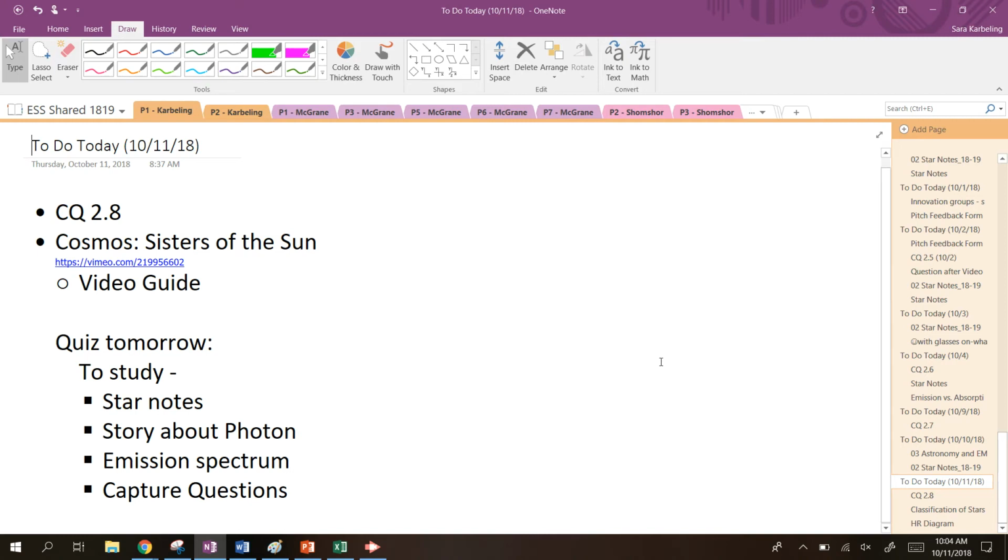The emission spectrum stuff. So on that EM spectrum sheet, the one that we finished up yesterday, this will not be on the quiz. That'll be on the next test, but not on the quiz. This side you do need to know. Because remember, I think I told you before that there will be a question.